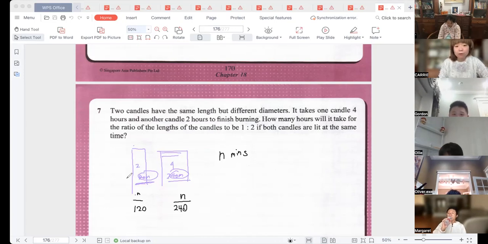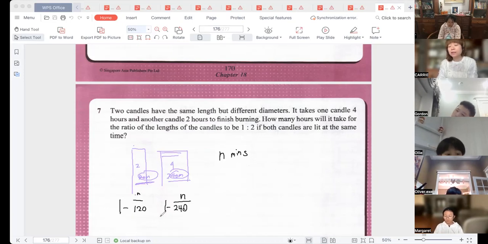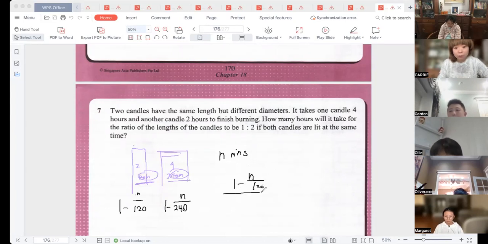At the very beginning they have 1, so it's 1 minus what has burned, and that is whatever is left. But this time they're not left with the same amount, they're left with a ratio of 1 to 2. So we say (1 minus n/120) over (1 minus n/240) equals 1 to 2. Get it, everybody?